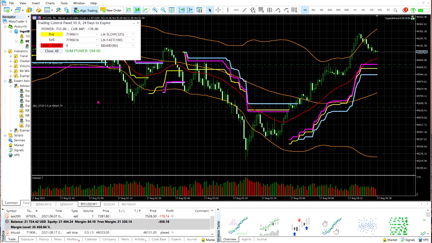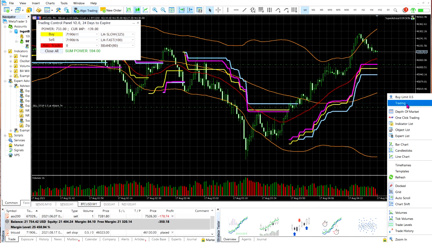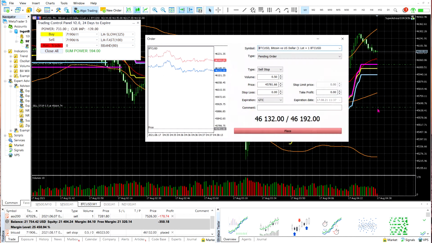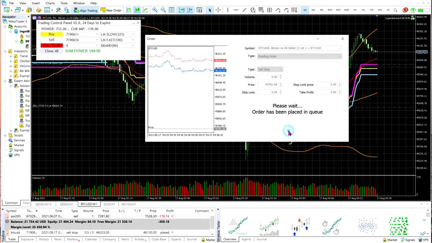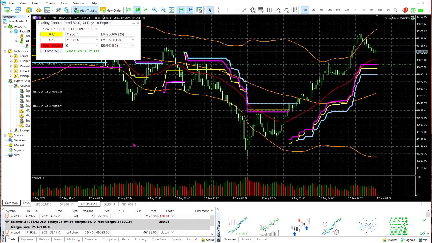So the fastest one, and same we can make this final pending order, and set for the final order the blue line. It's limit medium.